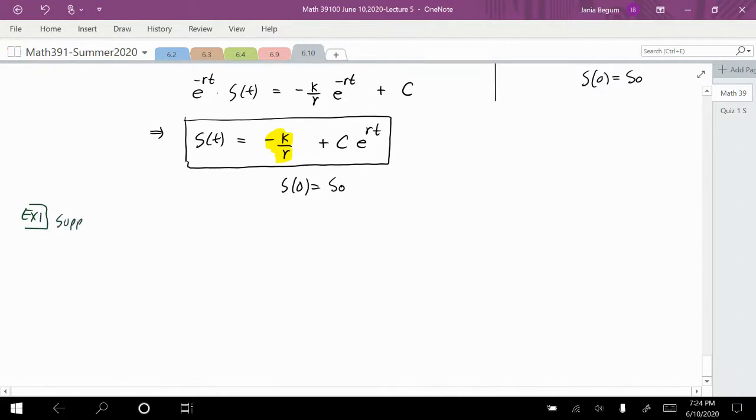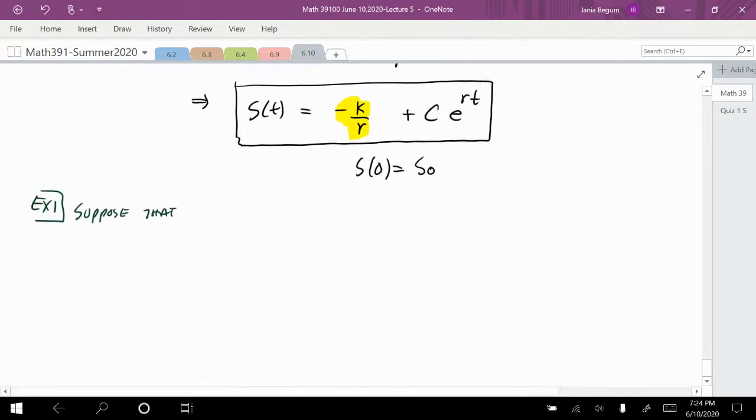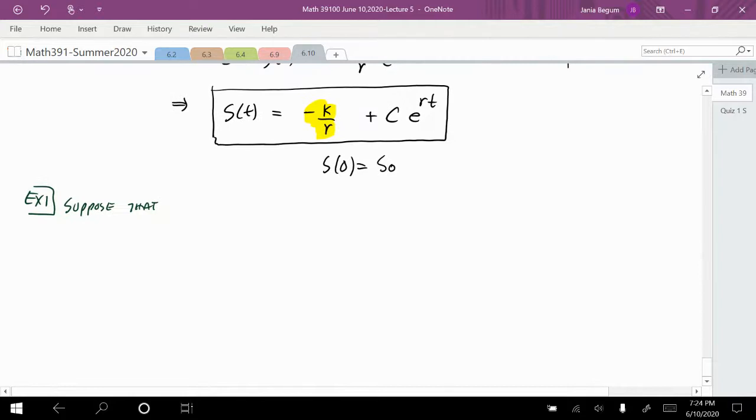So suppose that a sum S naught is invested at an annual rate of return R compounded continuously.